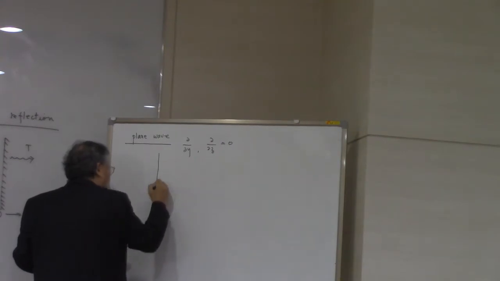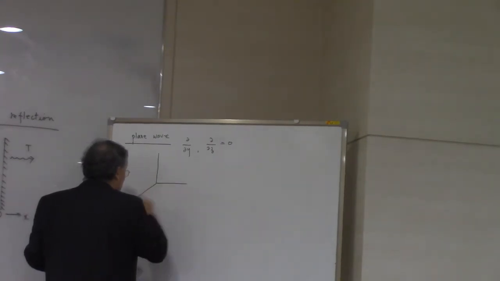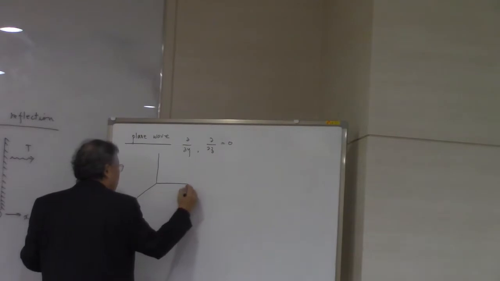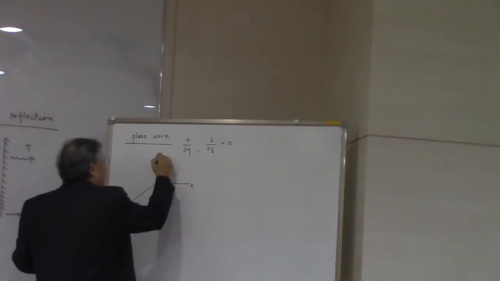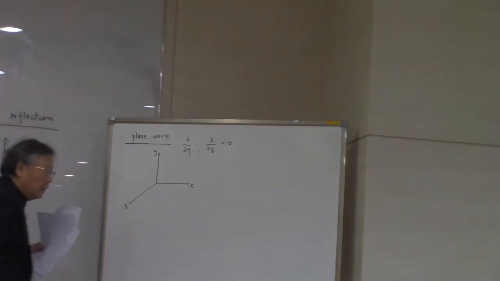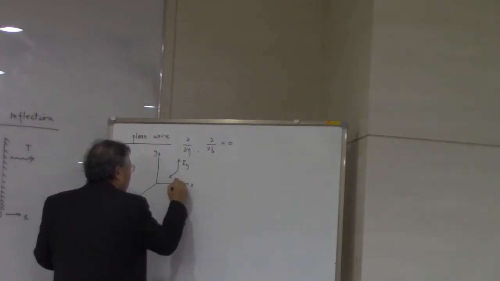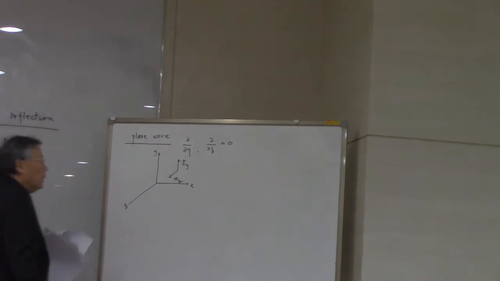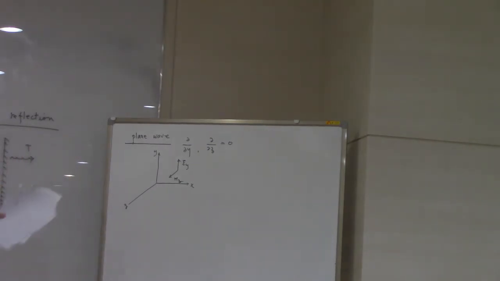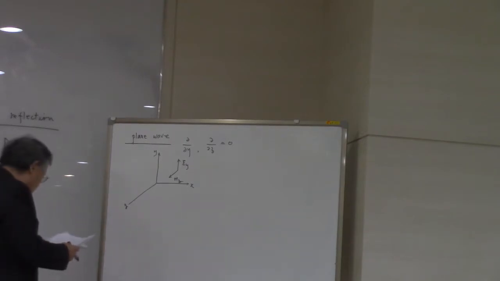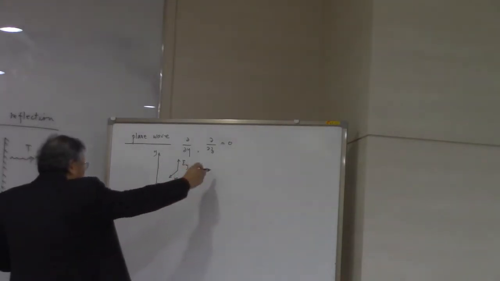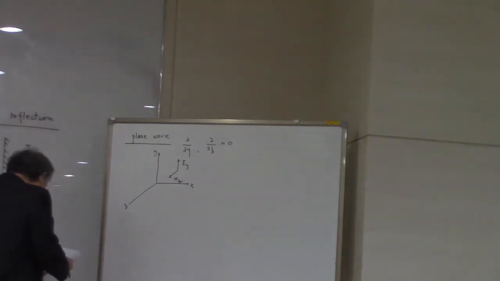So if you draw x, y, z like this, x is in this Cartesian coordinate, it means that in a wave front we're going to have 2 components in this electromagnetic wave, the light. One is the electric wave and the other is the magnetic wave.